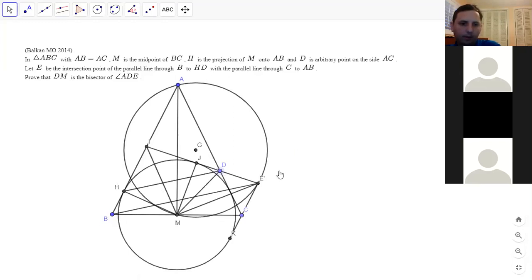So angle IBE prime is equal to angle BE prime C. So E prime M is a median in this triangle. Maybe that helps.